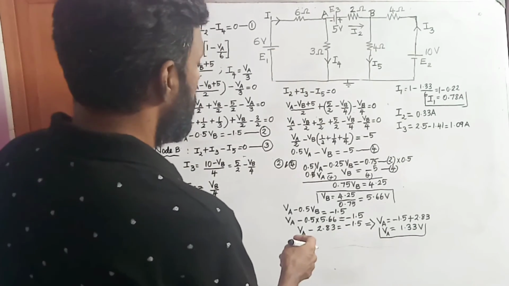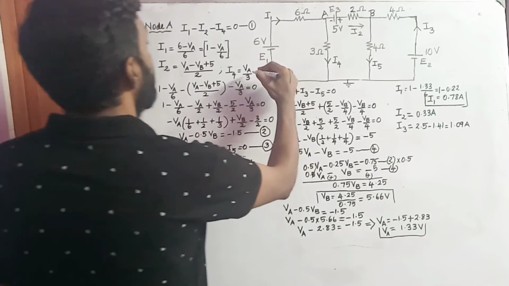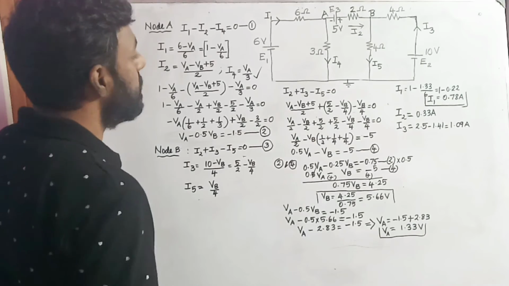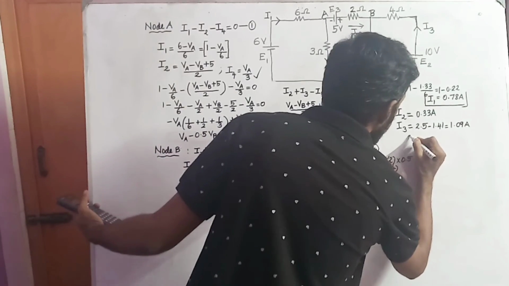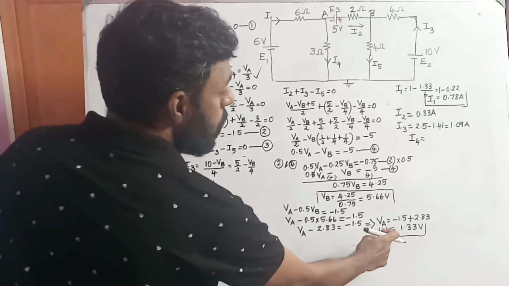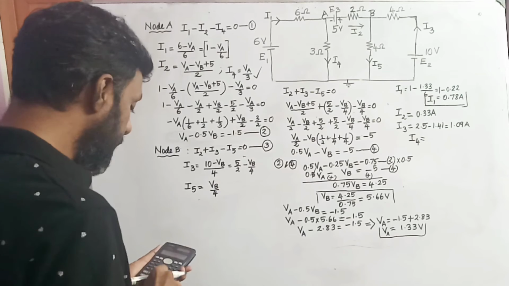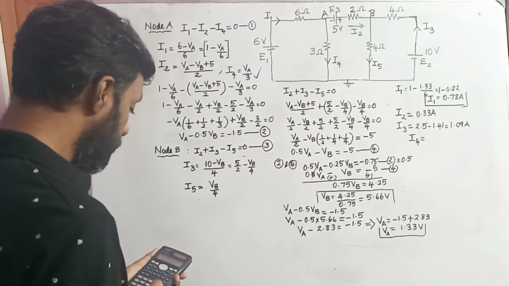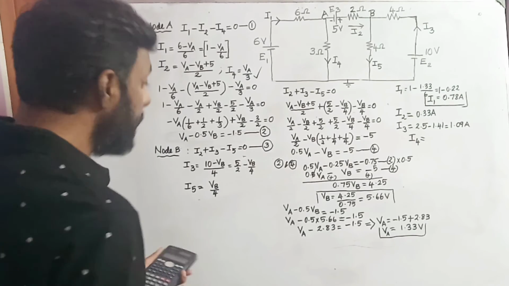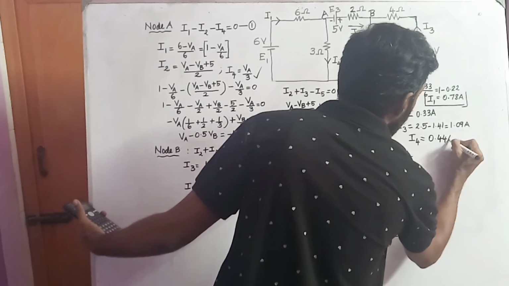What is I4? The value of I4 current is VA divided by 3. So 1.33 divided by 3 is 0.44 ampere.